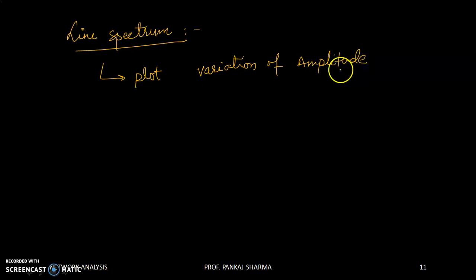Line spectrum is the plot which shows the variation of amplitude and phase of the function with respect to n.